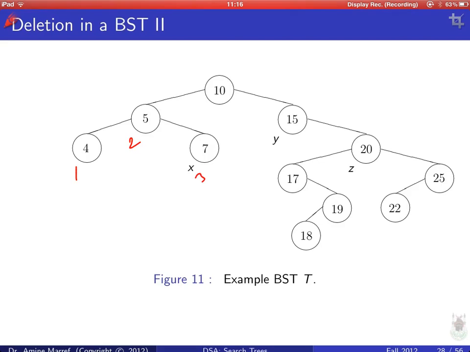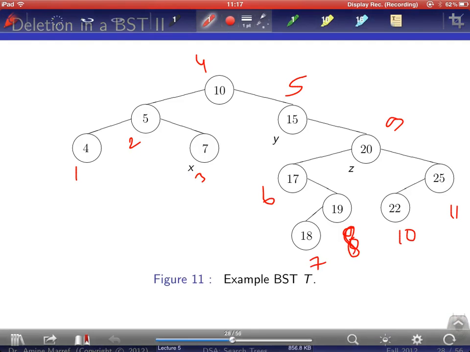And then calls itself over this null pointer, and it does nothing. Okay? And then after we have finished this recursive call on 11, it prints 5. And then it calls itself over 7, which means it calls itself over the null pointer and does nothing, prints 7, and then calls itself over here and does nothing. And then goes back to 10 and prints 10.